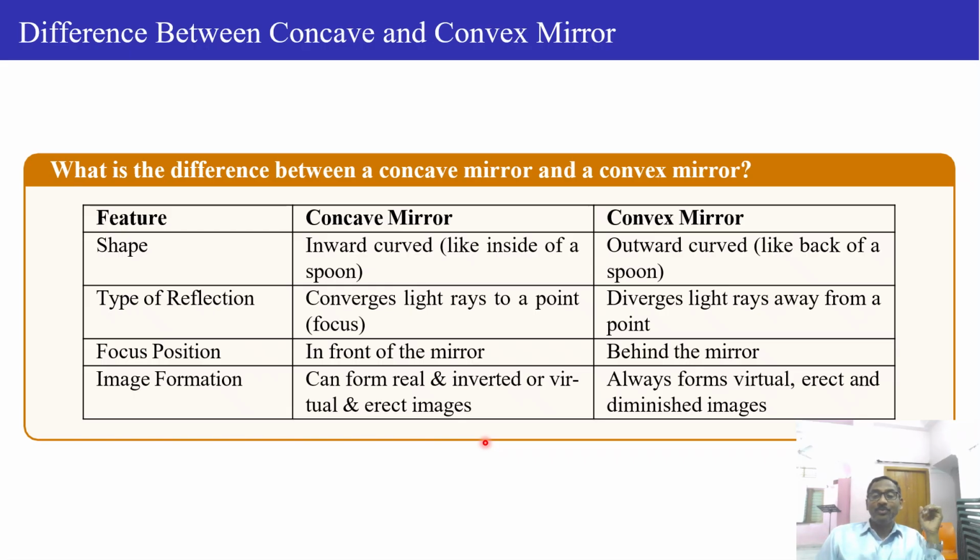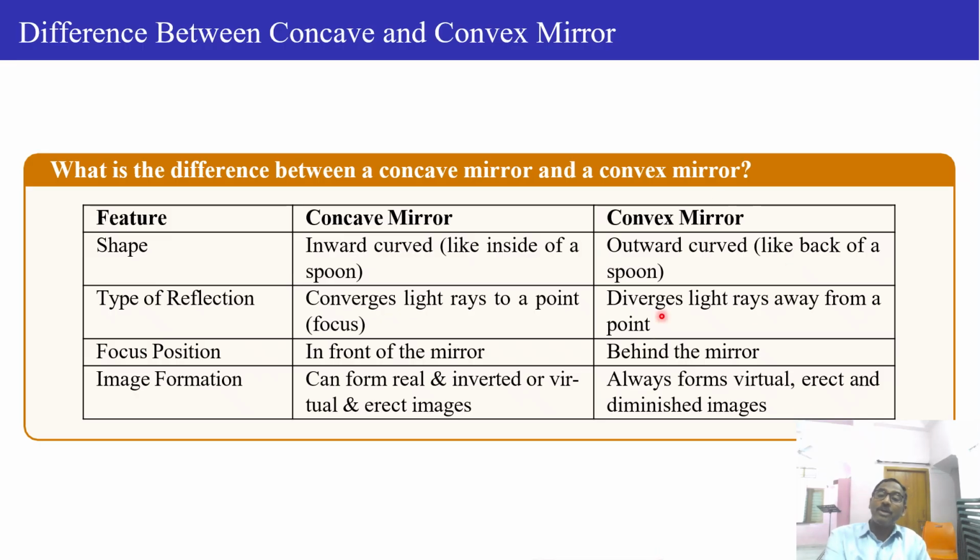But a convex mirror always forms a virtual, erect and diminished image. So a concave mirror gives both types. It gives real and inverted images in some cases, and in one case it gives a virtual and erect image.